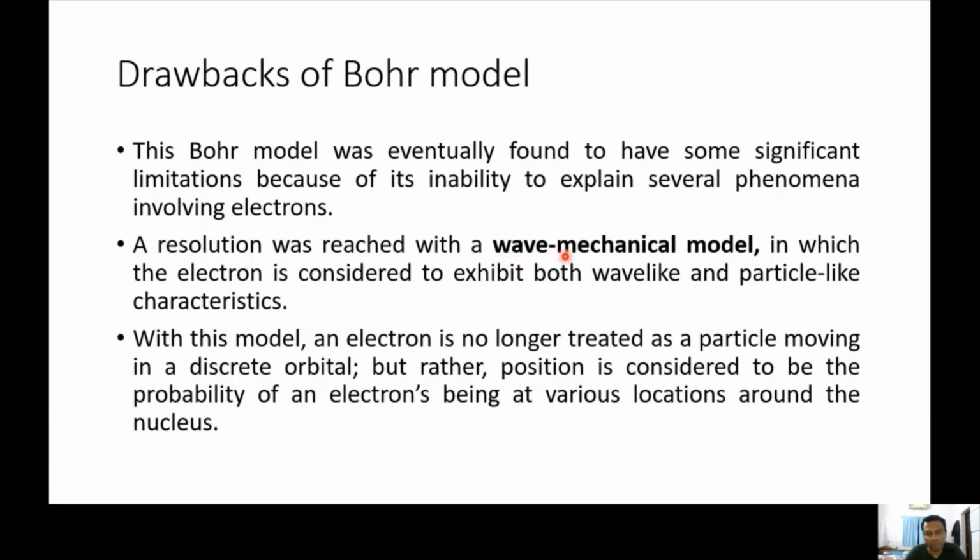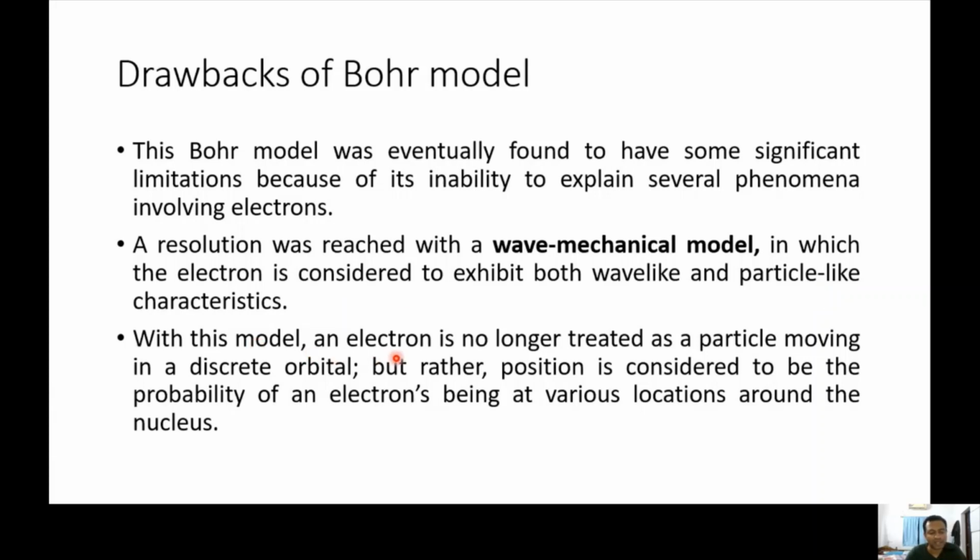One of them is the wave mechanical model. According to this model, an electron is considered to exhibit both wave-like and particle-like characteristics. In the original Bohr model, the electron was considered as a particle. But according to the wave mechanical model, the electron is considered as a particle as well as a wave.